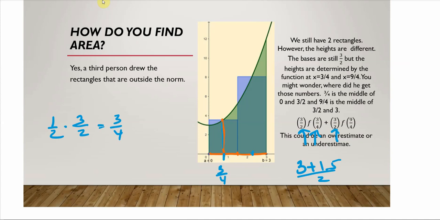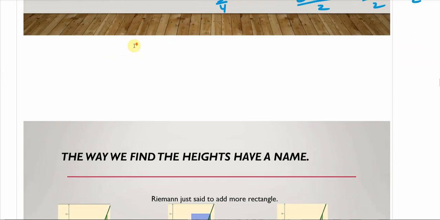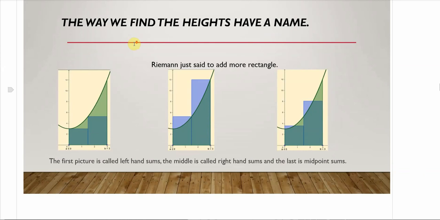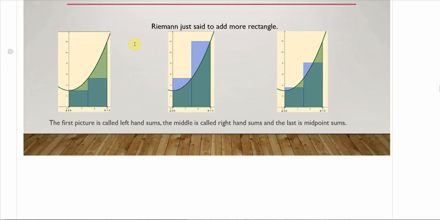So if you figure this out, you're going to say 6 halves plus 3 halves over 2, and that's going to give me 9 halves over 2, which is really 9/4. Okay? And this is what we call the midpoint sums, because I'm using the middle of each interval to find the heights. Okay? Alright. I already discussed this.